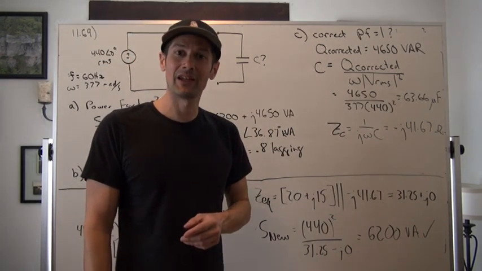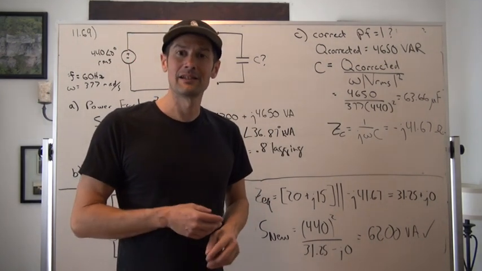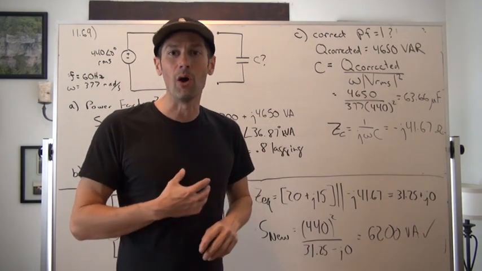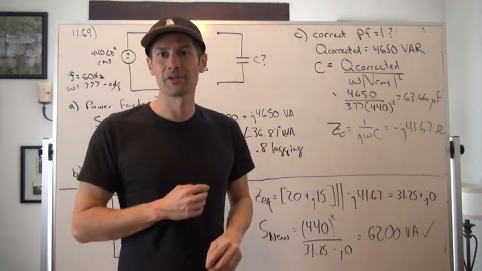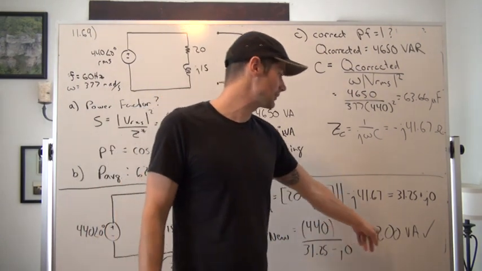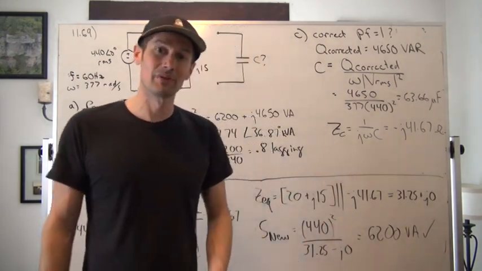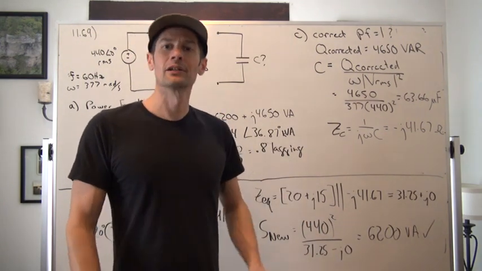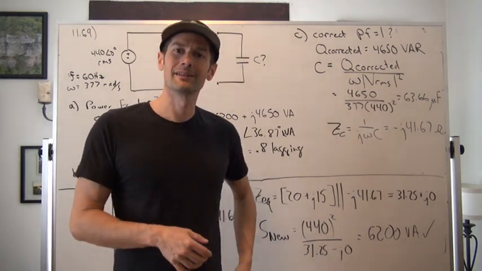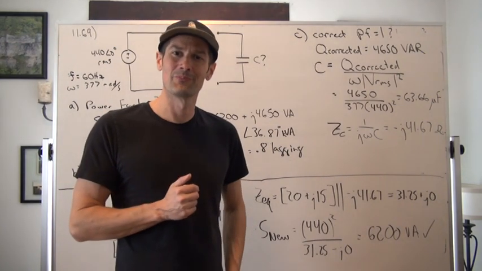Or we basically say that the system is providing all real power and is 100% efficient. 6200 watts is being delivered, but we really say 6200 plus J0 volt amperes. Congratulations, guys, we've created a fully efficient system.